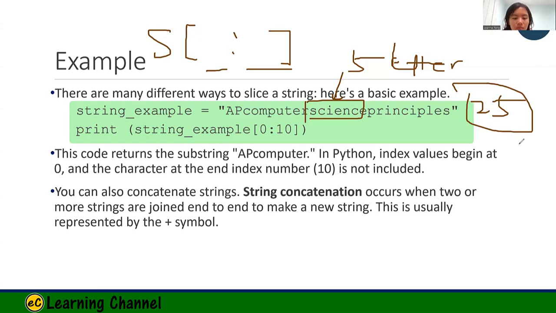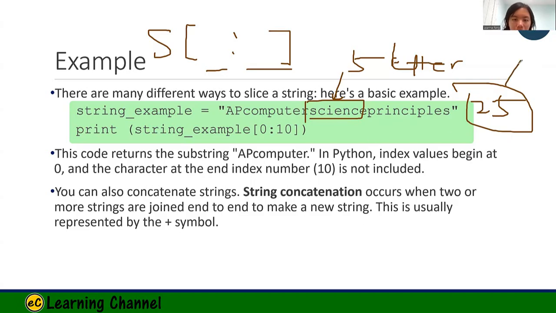This middle 5 may be tested in AP, so you need to know. You say 10 colon 15. Are you sure? How do you come up with 10 colon 15? No, that's not the way you should do it.